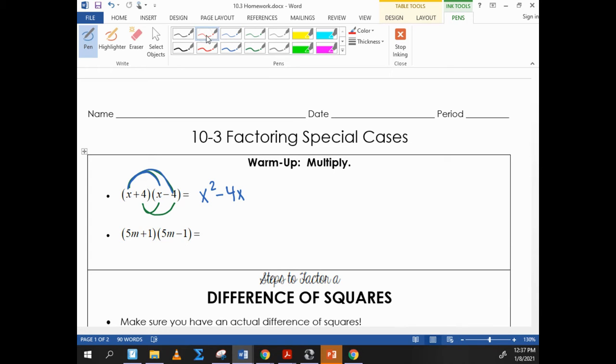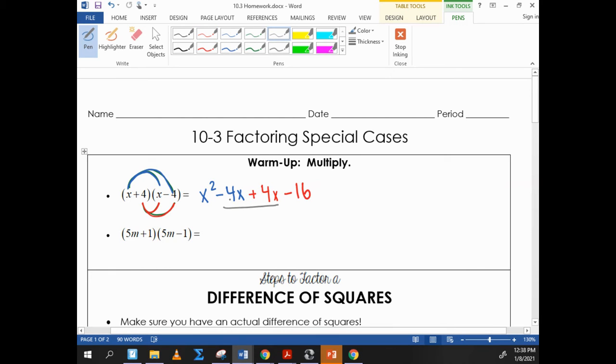Okay, halfway done, we're now going to distribute our second term. We're going to distribute this 4. 4 times x gives us a positive 4x, and 4 times -4 will give us a -16. Now, this is what we call a special case because normally when we do those 4 multiplications, we're going to have 3 terms. We can combine our middle terms here.